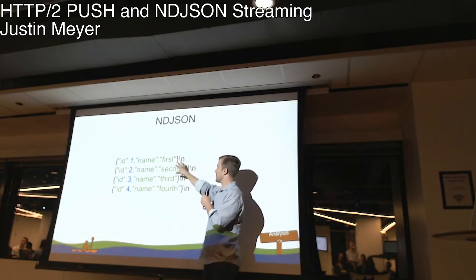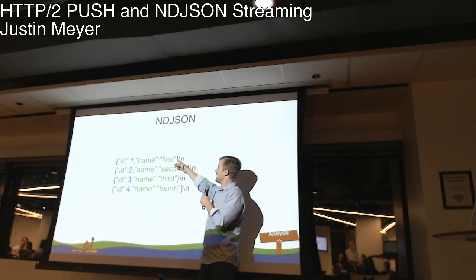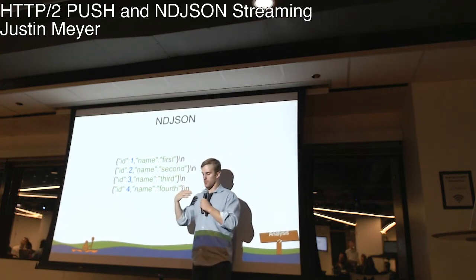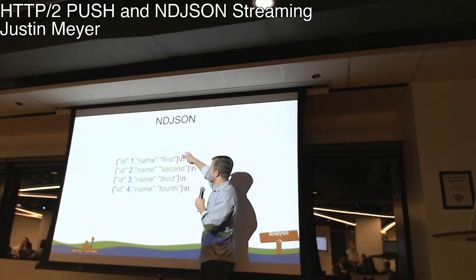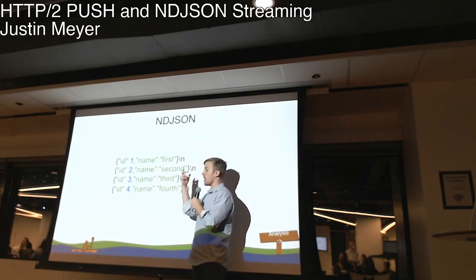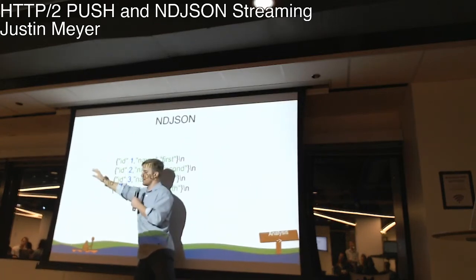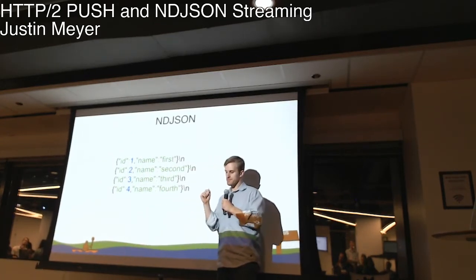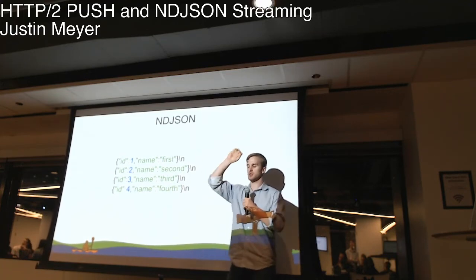As every row comes out, you just serialize it, put a new line, serialize it, put a new line. And what your front end will do is see the stream of bytes, and every time it sees an unescaped new line character, it knows that everything before it is a JavaScript object, and converts that to a JavaScript object and gives it back to you to put on the page.